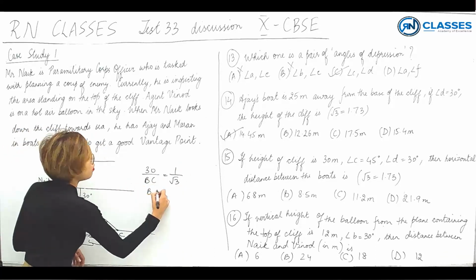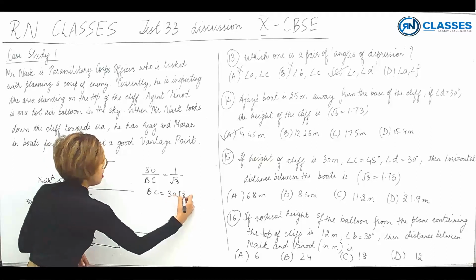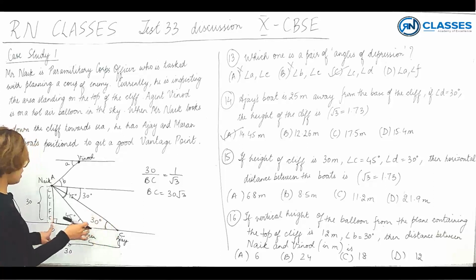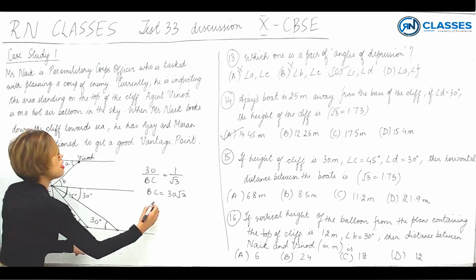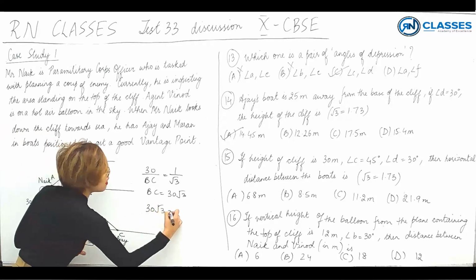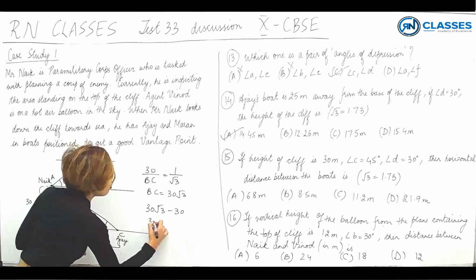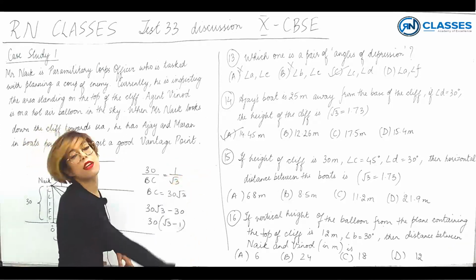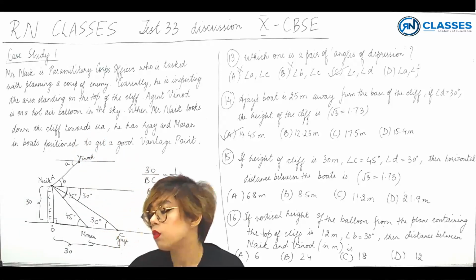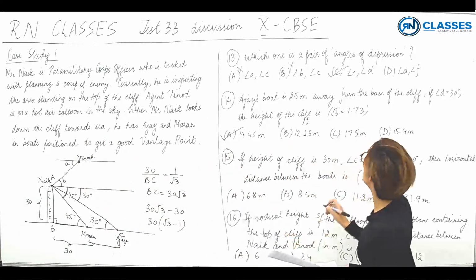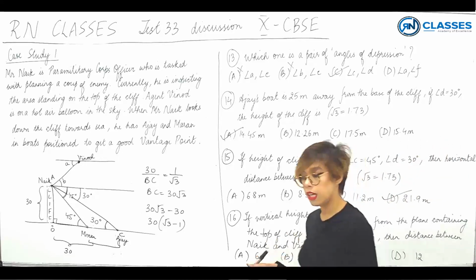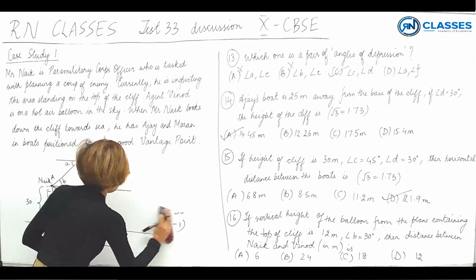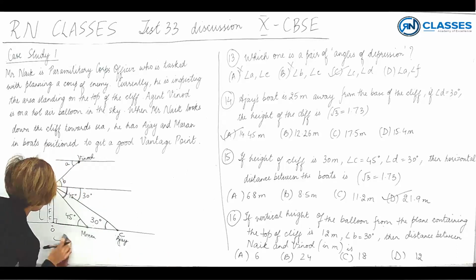So BC turns out to be 30 root 3. The entire length. Right? Now, this is 30 root 3, this is 30, I want this length, that is 30 root 3 minus 30. So I can take 30 common and I will get root 3 minus 1. Just insert the value of root 3 and you will get your answer, which turns out to be what? Option D. Right? Now the next one, 16th, but let me erase this first.